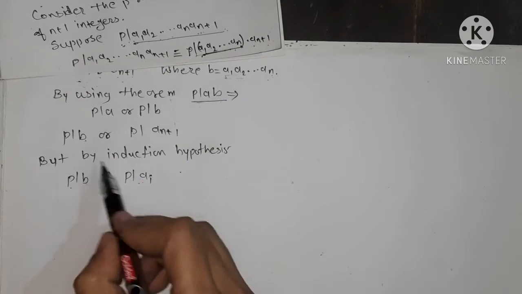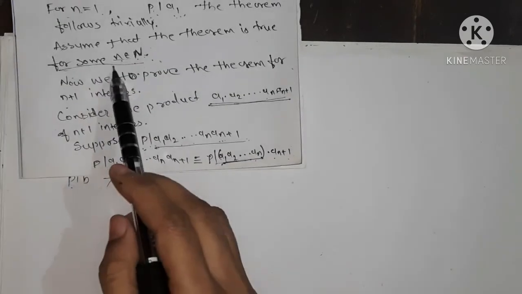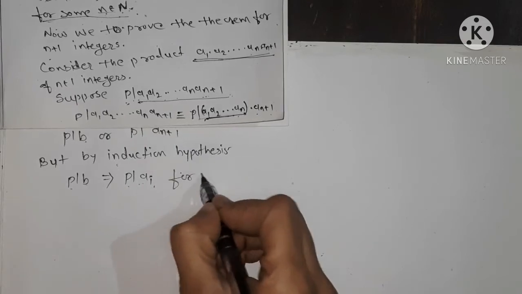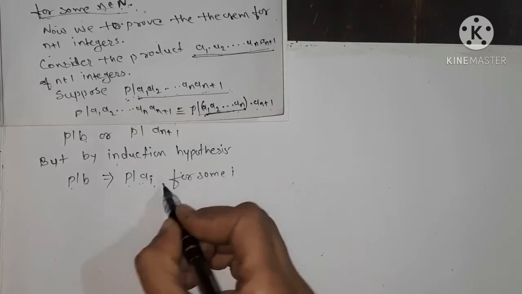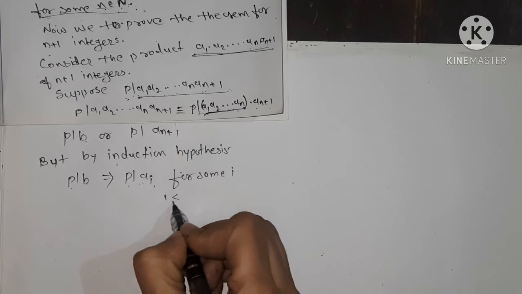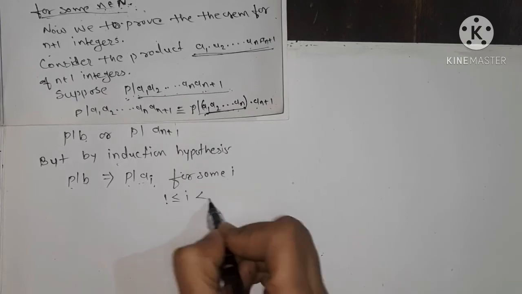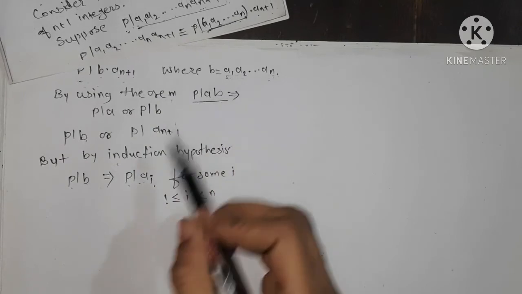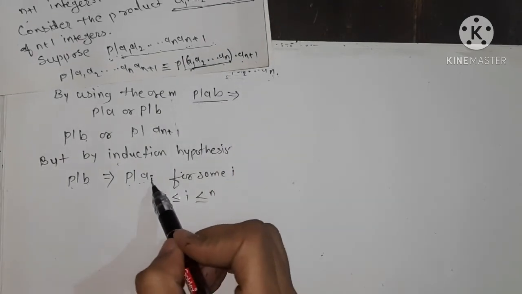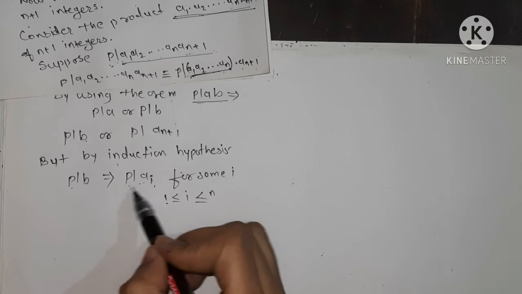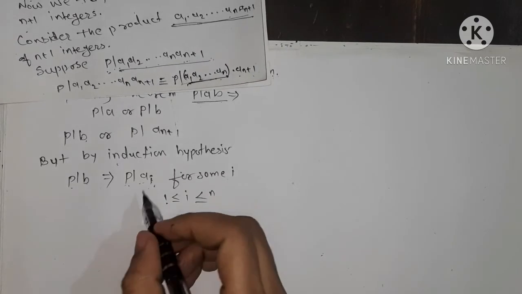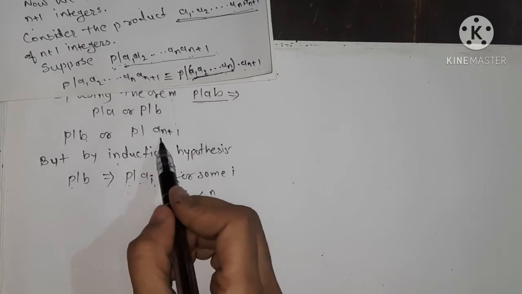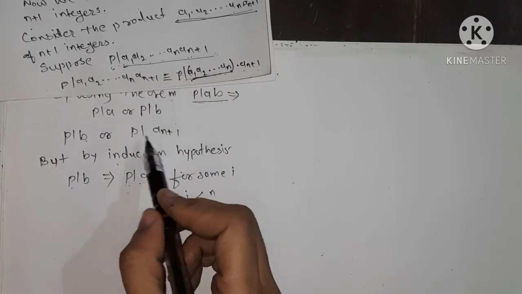Because we are assuming in the induction that the theorem is true for n belongs to N. So P divides AI for some I, where I is running from 1 to n. Okay, so from this product there is at least one AI which P divides. Okay, now from this also, or what is the condition?